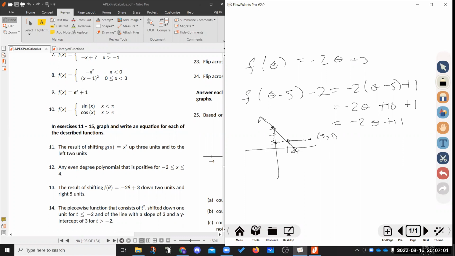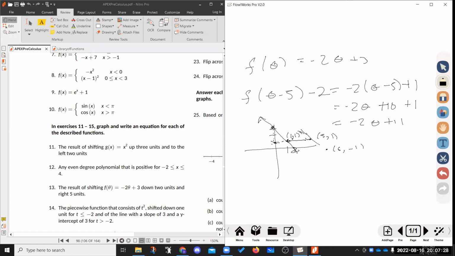And then this point here that was at (1, 1), I'm going to move it down 2 and right 5. So this is going to be at (6, -1).